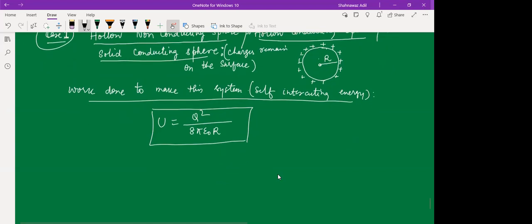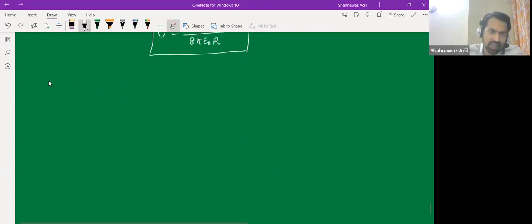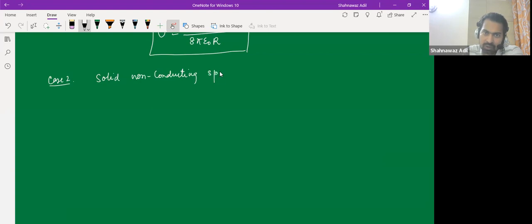Yes, sir. Noted. Okay, now the second case is the solid non-conducting sphere. What is the self-interacting energy of a solid non-conducting sphere?